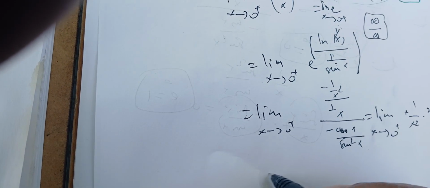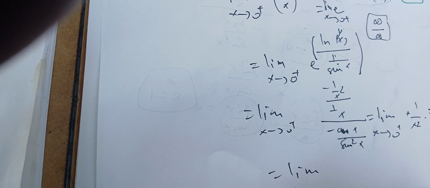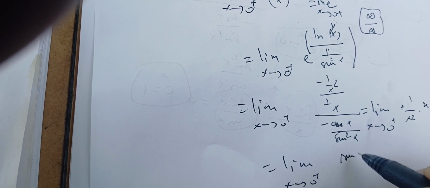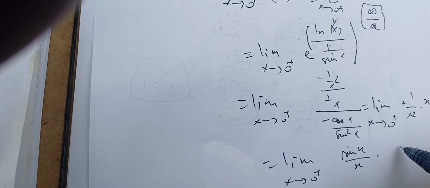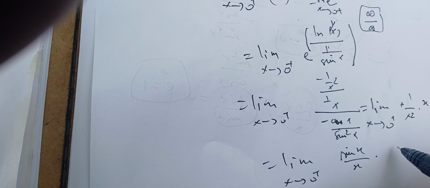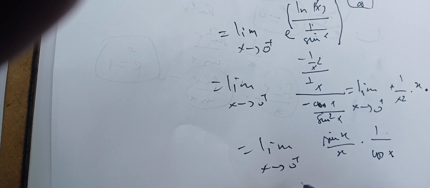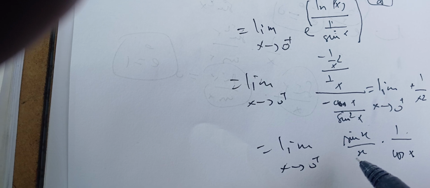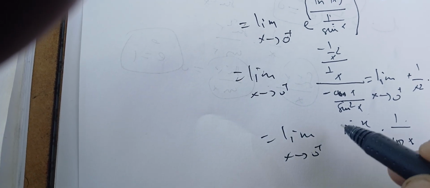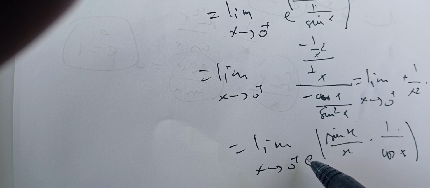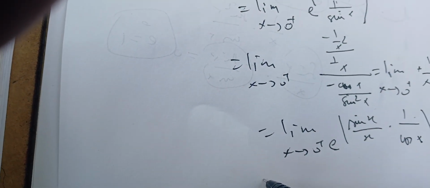So we have the limit as x goes to 0 plus of sine of x over x times 1 over cosine of x. But we don't forget the exponential. This is e raised to this quantity, but since the exponential is continuous, we can take the limit inside.